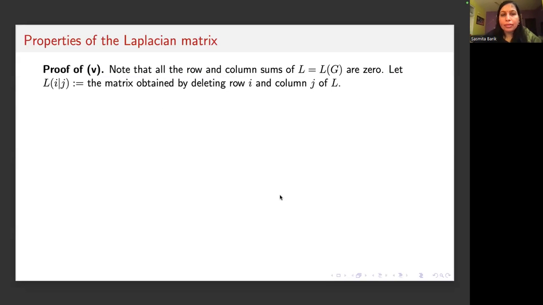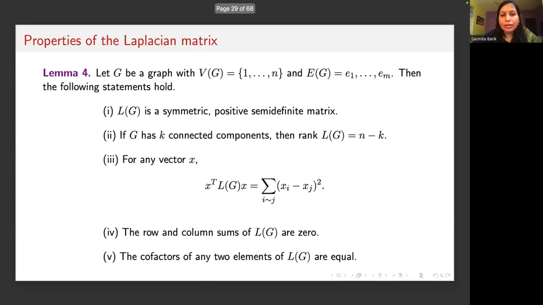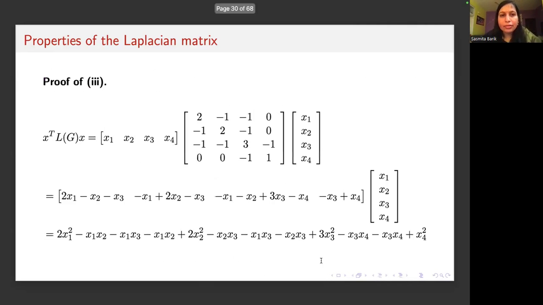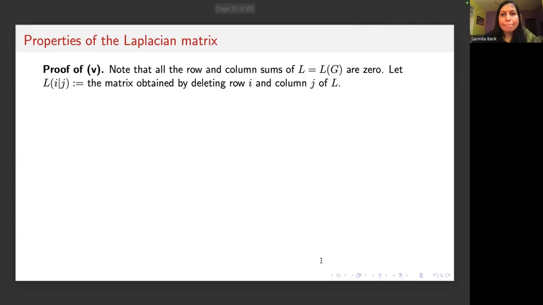Now, the fifth part of the theorem is all the cofactors are equal. So basically, if you consider any two cofactors, they will be equal. That we can show. As we observed, LG has row and column sums 0.